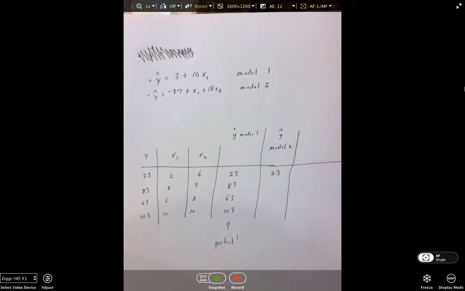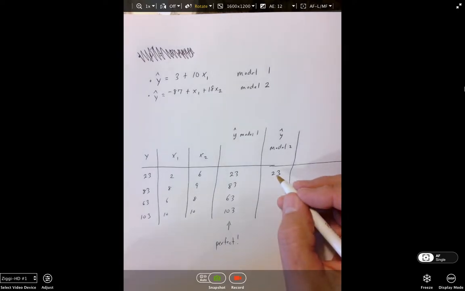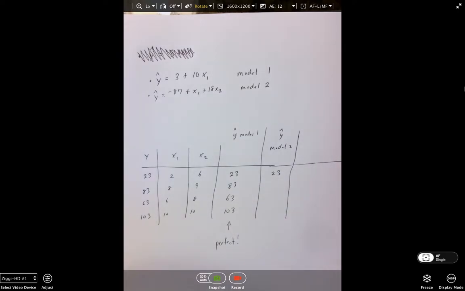And I think, well, that's cool. Not really. But then I put 8 in the model. I'm sorry, I put 8 in for x1, and I put 9 in for x2, and I get 83.